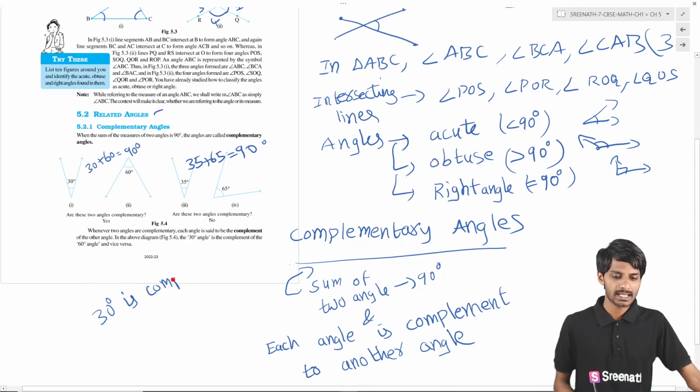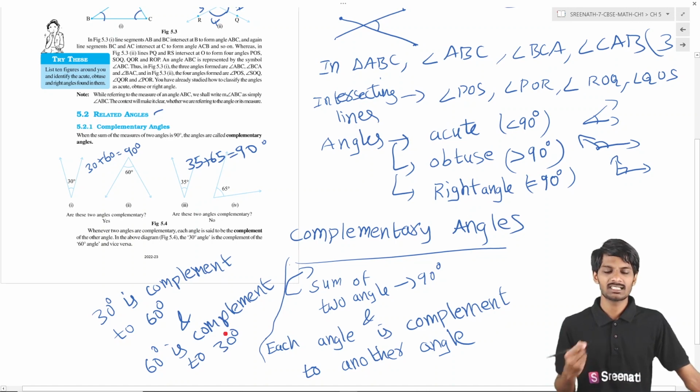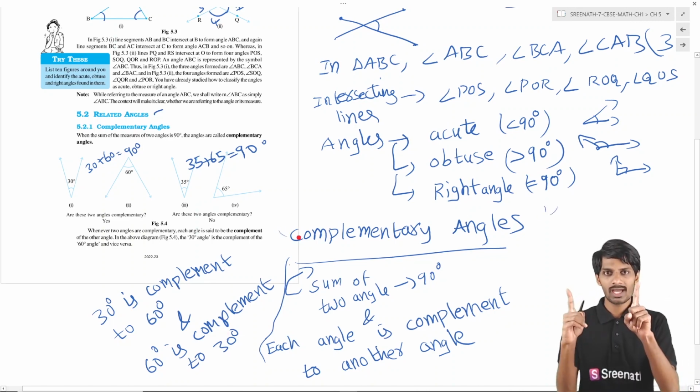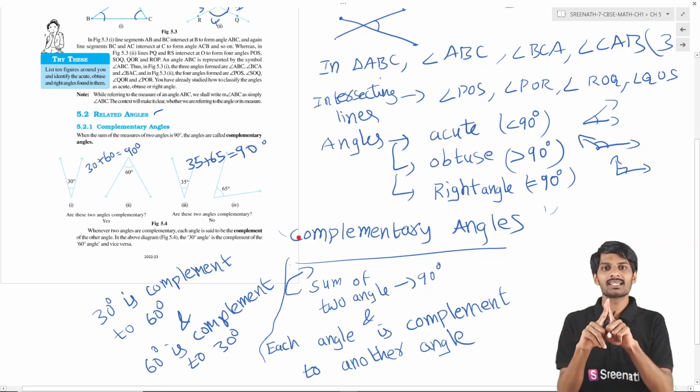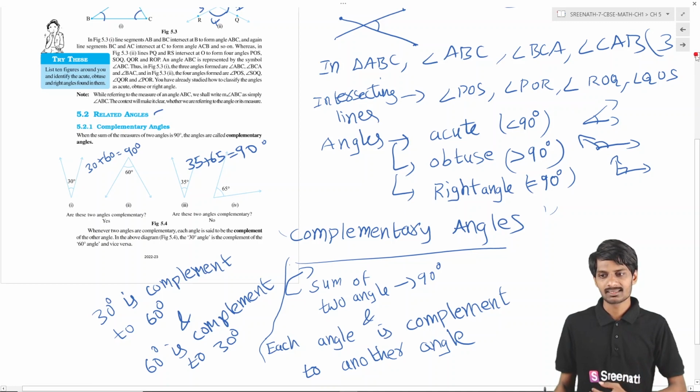So 30 degrees angle is a complement to 60 degrees, and vice versa. 60 degrees angle is a complement to 30 degrees angle. That's it, students. So these are called complementary angles. If the sum of two angles is 90 degrees, then we say both angles are complementary angles.